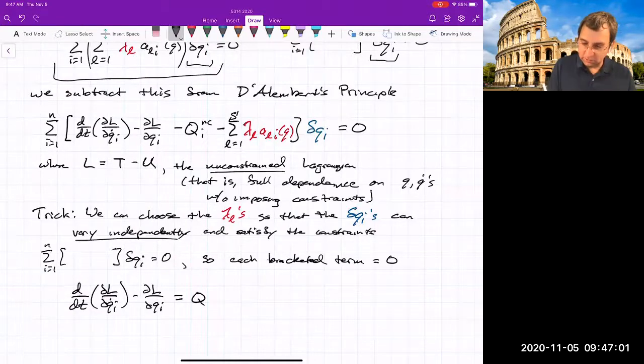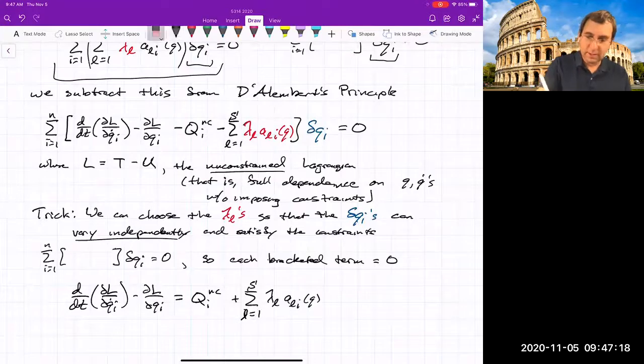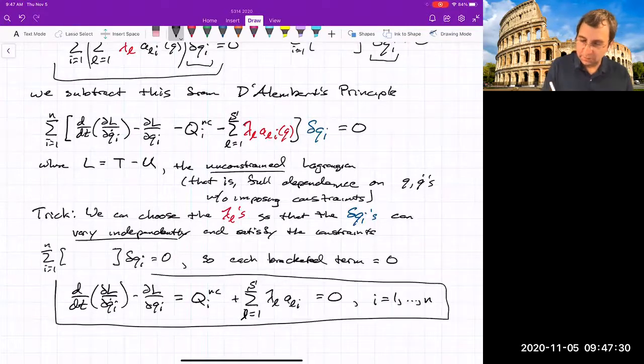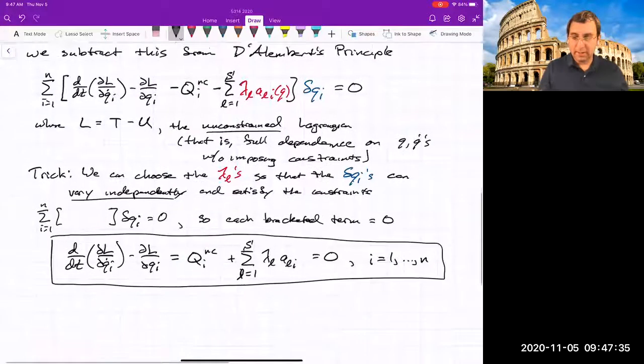And this equals Q_i, plus this sum over the constraints, l from 1 to s, of lambda_l a_li, which could be a function of the q's. Now the index i goes from 1 to n of these.